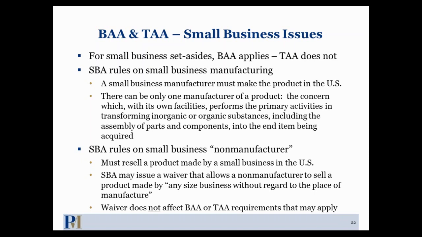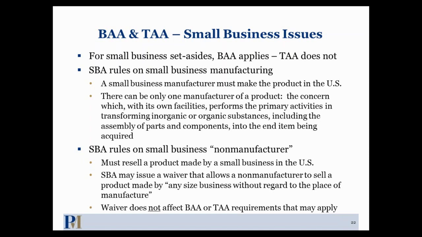You could have a class waiver of the non-manufacturer rule, which means for an entire class of products, the SBA has waived the requirement that you must resell a product made by a small business in the U.S. Or you could have an individual waiver of the non-manufacturer rule, which means that for a particular contract, the SBA has granted a waiver of the non-manufacturer rule.